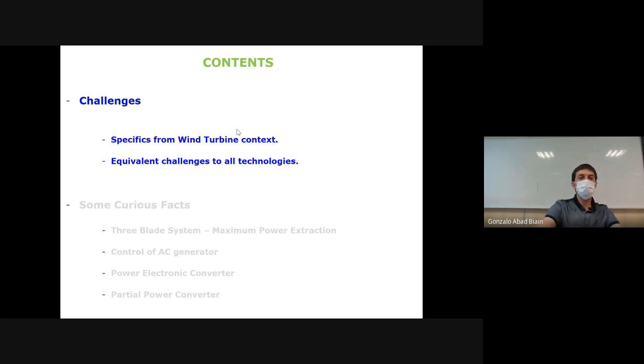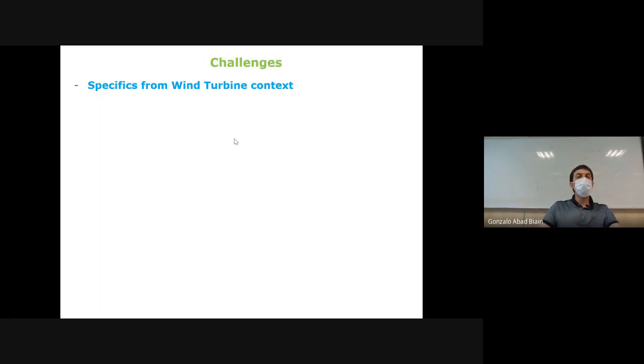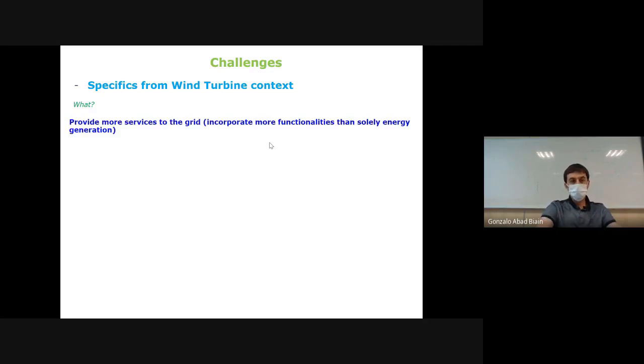So let's start from the specific challenges in the wind turbine context. What is the challenge in the development that we are watching in wind turbine technologies in the last 10 years more or less, or even more, and we will see it in the future as well?